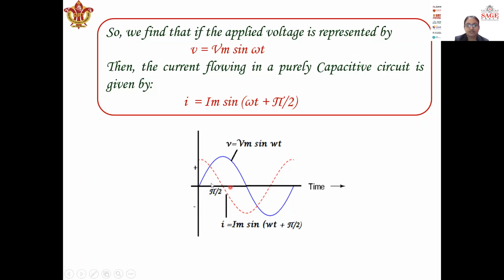So this shows that current is 90 degrees ahead of the voltage, and as in all the expressions we kept voltage at the 0 point, here we start it like this, and the current reaches the maximum value 90 degrees ahead of the voltage expression, right? So I is equal to Im sin omega t plus pi by 2, and V is equal to Vm sin omega t. This is the waveform diagram.